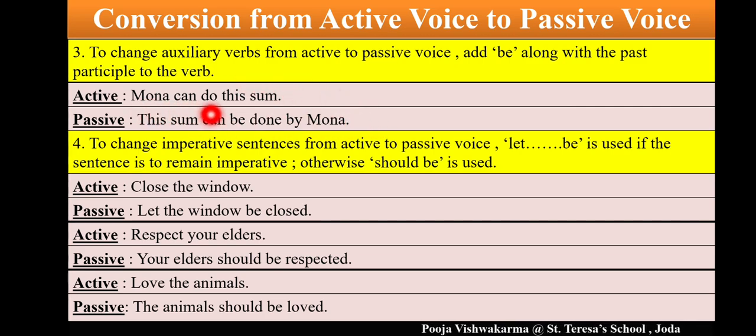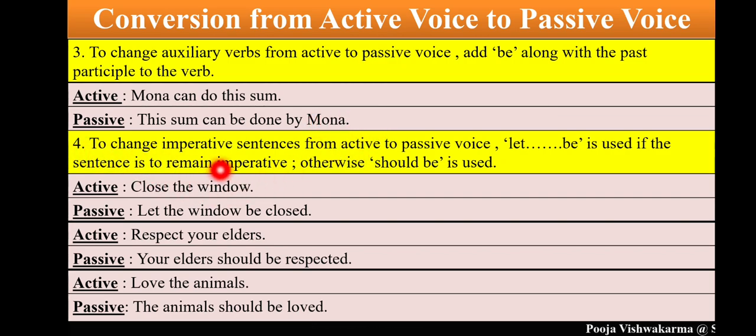For example, Mona can do this sum. So what will it be then? This sum can be done. For do, my past participle will be done. By will be added, and then my subject, which was in the active voice, will be changed to object in the passive voice.